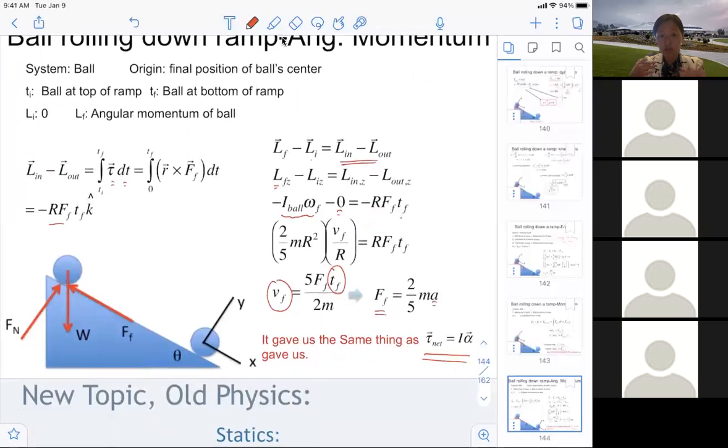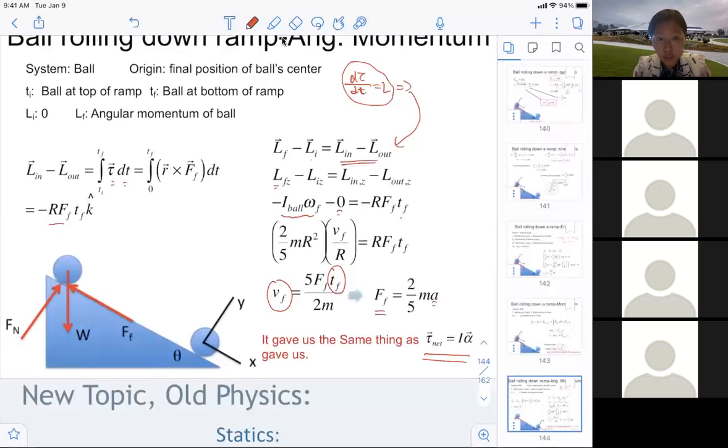But because they are all related, right? d L over dt equals tau, which gives you conservation of angular momentum, and that gives you the same thing as you had before.